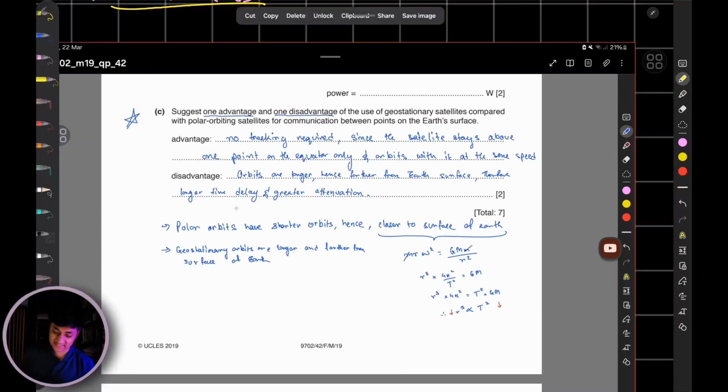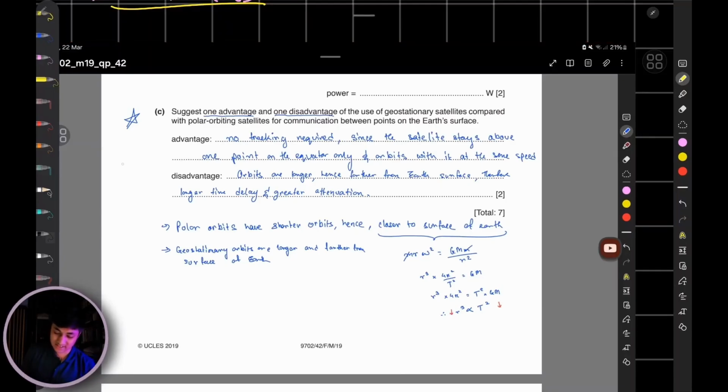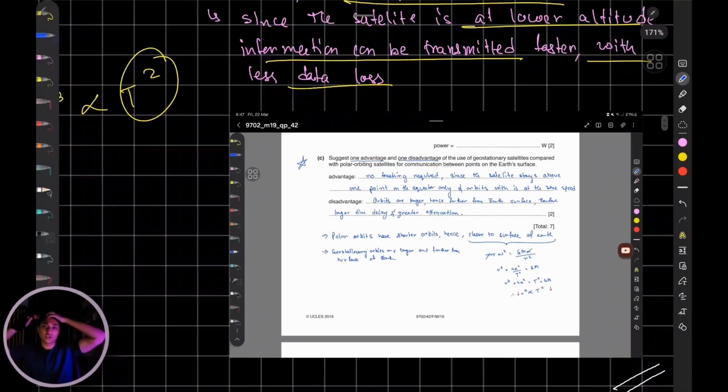Therefore, there is a larger delay or greater attenuation. You're not going to understand what attenuation is, but just understand there is a greater delay of information being transmitted from the Earth's surface to the satellite, because the time period is very large, 24 hours.